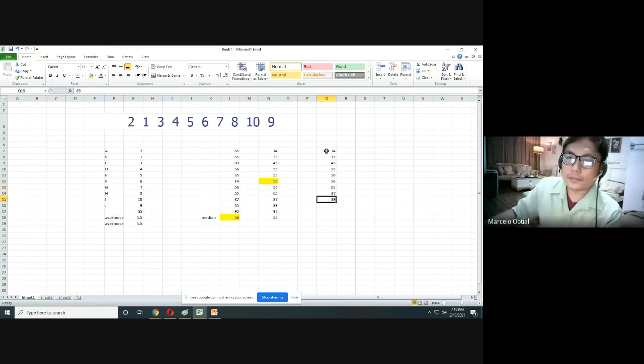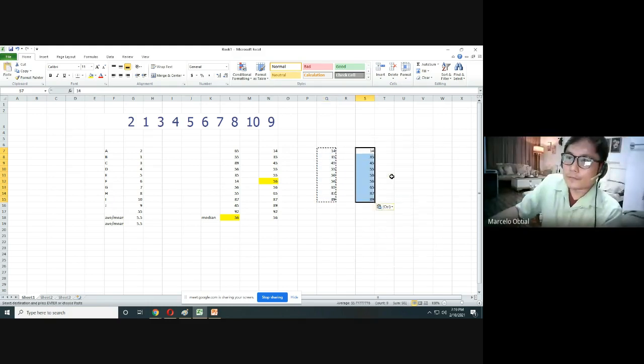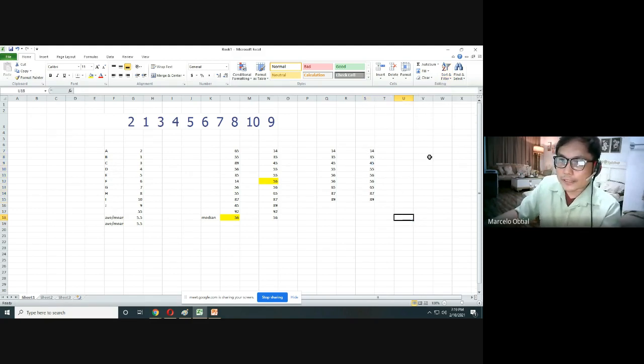So, again, arrange from the lowest to the highest. Copy-paste ko lang para mayroon tayong comparison. I will click this, sort. Sort this sa gilid, smallest to largest. So, na-arrange na siya kagad. Our formula says na nasa fifth at saka nasa 6th na place, no?